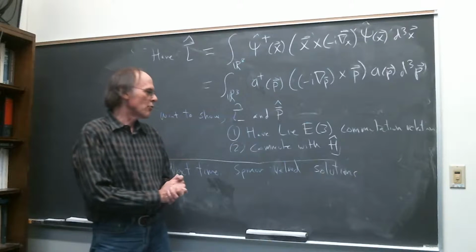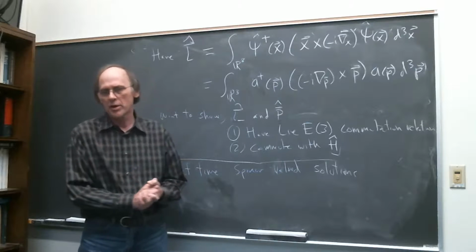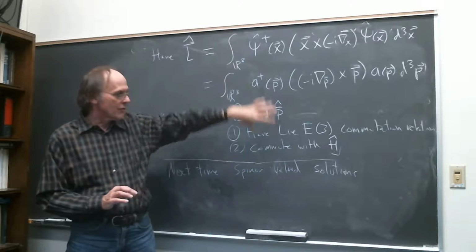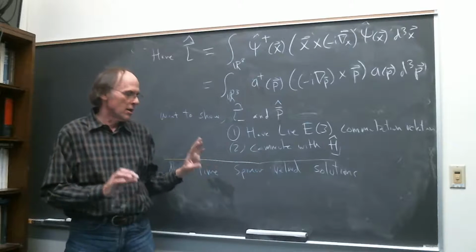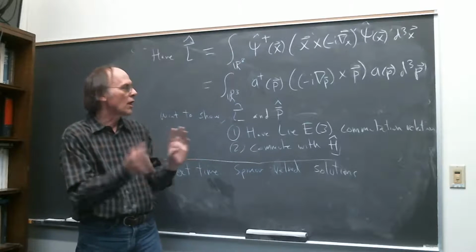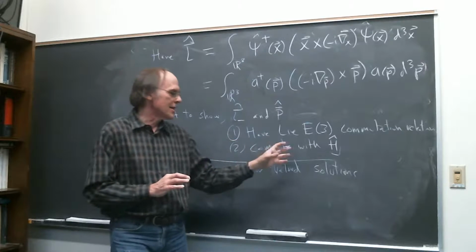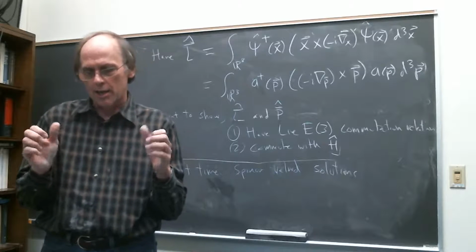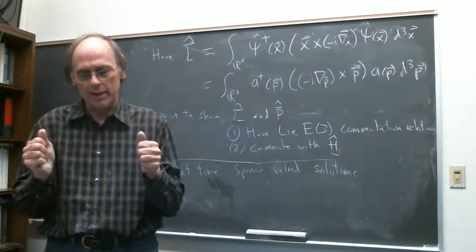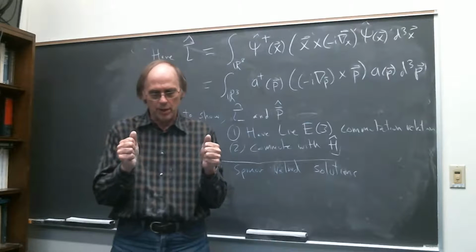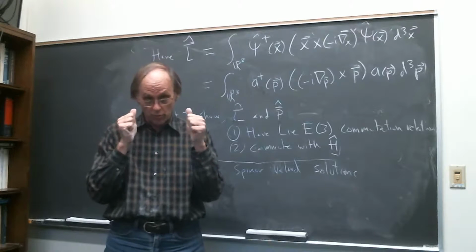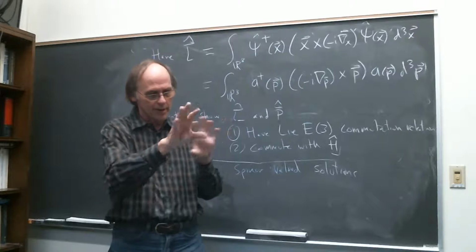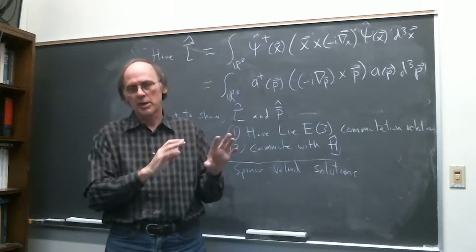One of the main points I wanted to make there is that a lot of what we've done is based upon canonical quantization. Canonical quantization has this fundamental idea that there's really only one, up to unitary equivalence, representation of the operators that obey the Heisenberg commutation relations.